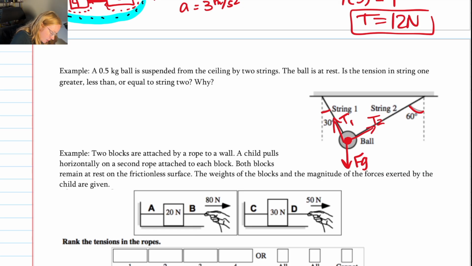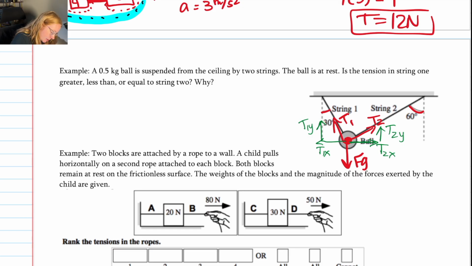What I really need to do is break apart that tension into T2x, T2y, T1x, and T1y. Okay, so let's think about the x direction first. For T2x, think about the angle that it's giving you. It's giving you that 60 degrees up at the top of the triangle.